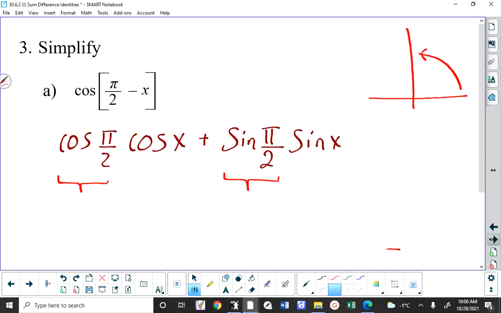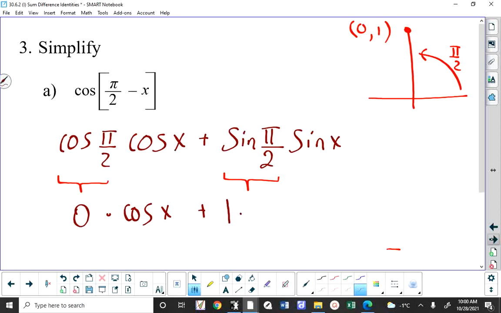At the top of the unit circle, at pi over 2, the ordered pair is 0, 1, and 0 is the x-coordinate, which is the cosine. So cosine of pi over 2 is 0 times cosine of x plus, well, sine of pi over 2 is the y-coordinate at that point of intersection on the unit circle, which is 1.